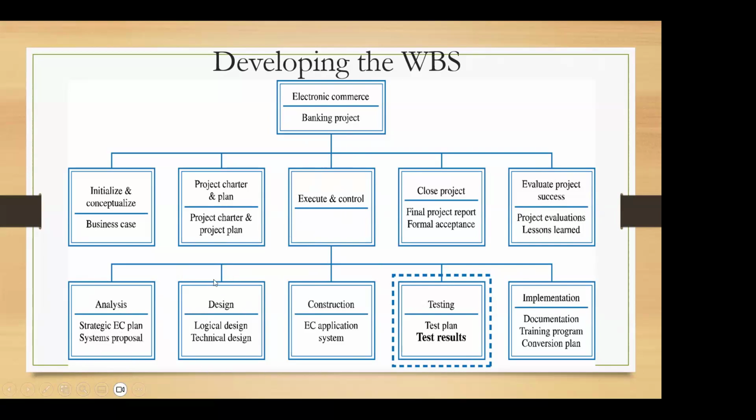Then you design the system, which will have the logical design and the technical design. Then you will do the actual construction of the electronic commerce application system. Then you will do the testing, where you will have the test plan and the test results. And then you will do the implementation, where you will complete the documentation, and conduct training programs and any conversion plans.